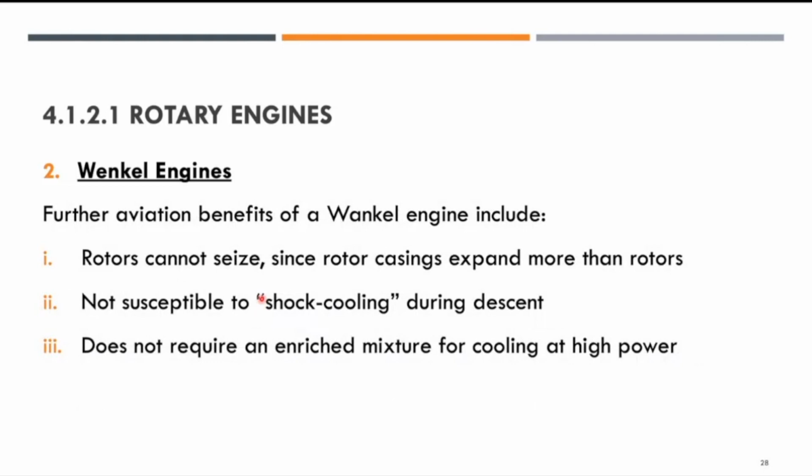Further aviation benefits of a Wankel engine include that the rotor cannot seize, since the rotor casing expands more than the rotor itself. It is also not susceptible to shock cooling during descent and does not require an enriched mixture for cooling at high power.